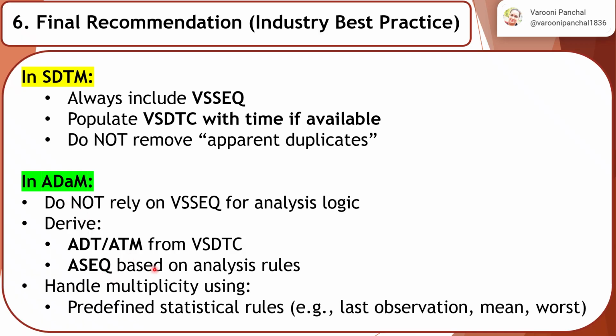ASEQ is generally based on the analysis rules that I explained in the earlier slide, and you need to handle the multiplicity using predefined statistical rules, for example last observation, mean or worst situation, in case your clinical trial suggests using these rules.